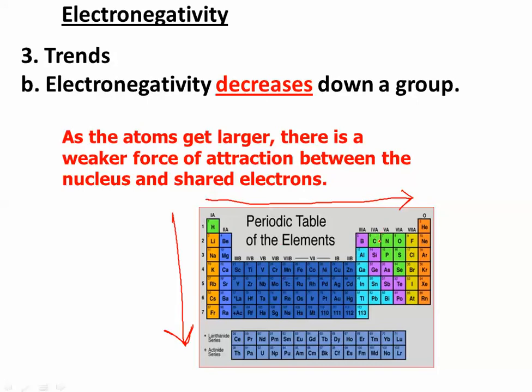That's increasing the force of attraction. That pulls the electrons closer so they get smaller, and the distance is smaller. All those add up to increased force of attraction. But you're not going to have to explain all that as much as just saying in smaller atoms there's a greater force of attraction, so electronegativity increases. In larger atoms, there's less of a force of attraction between the nucleus and shared electrons, so electronegativity goes down. That's going to be our explanation for this.